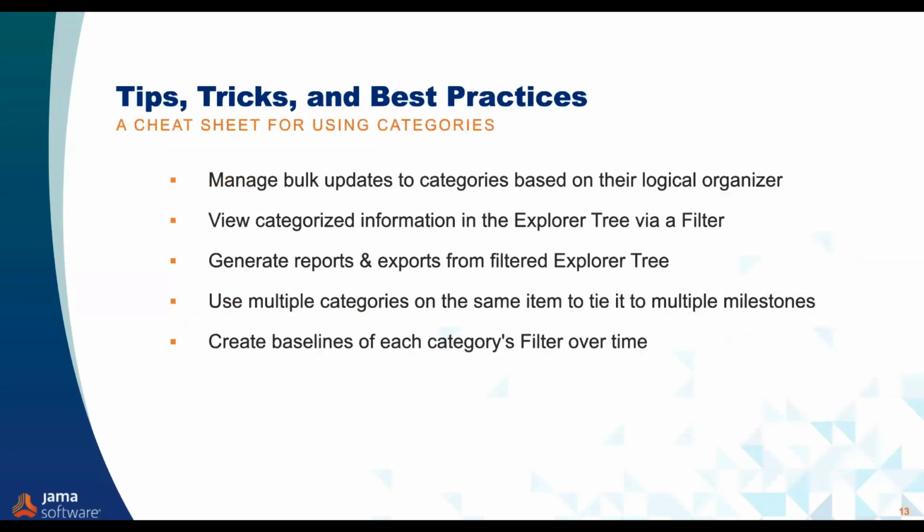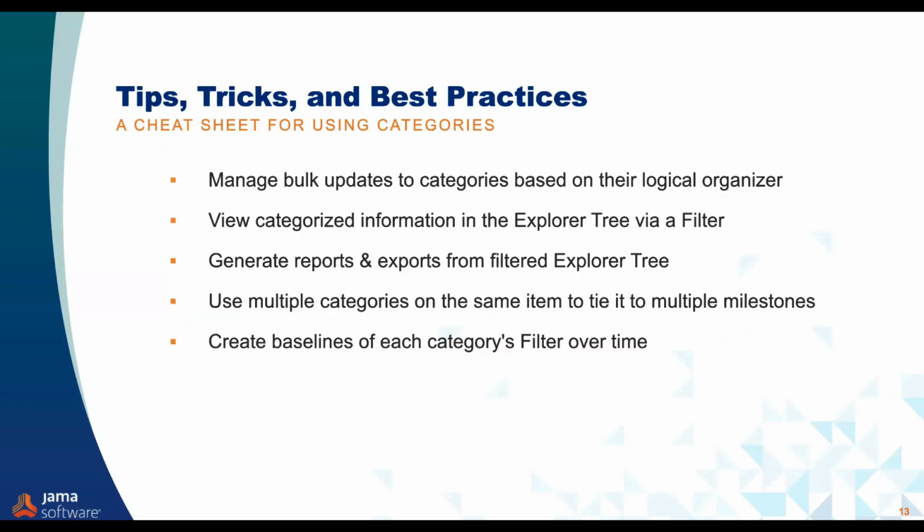So some of the tips, tricks, and best practices. Here, we've got the managing in bulk, and I'll show you how to do that live. We'll view categorized information in the Explorer tree via a filter, and so we've got to set up filters. Of course, those same filters can be exported or sent to reports, and then you can use multiple categories on the same item.